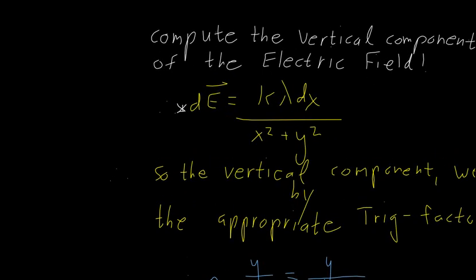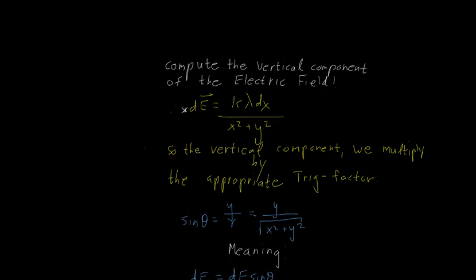So I substitute the expression for dE into dE sine theta, which was the equation for dEy. Therefore, I get k lambda dx all over x squared plus y squared, times y all over the square root of x squared plus y squared. Cleaning this up, I don't need to go into the math in detail. You should be mathematically strong at rearranging the algebra, right? I'm just here to bring home the concept. So this is dEy, right?